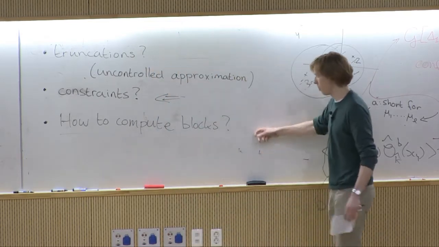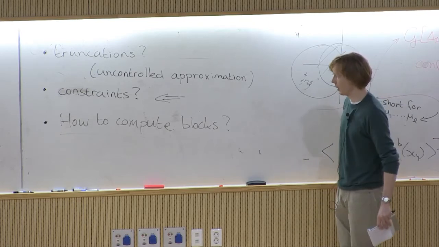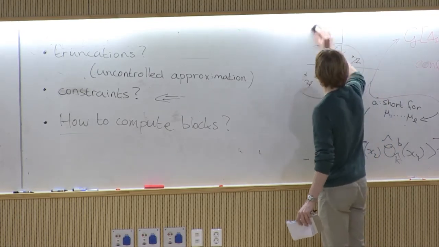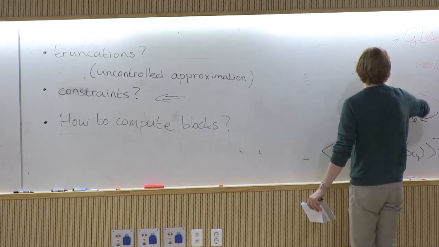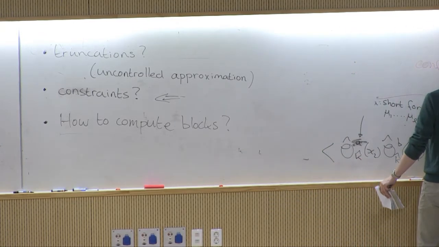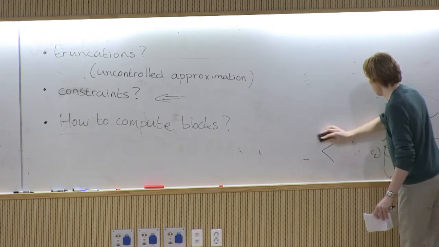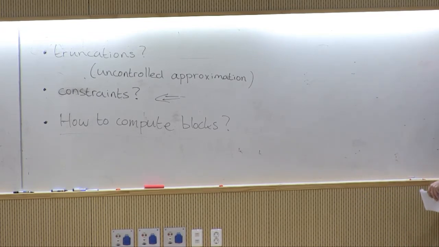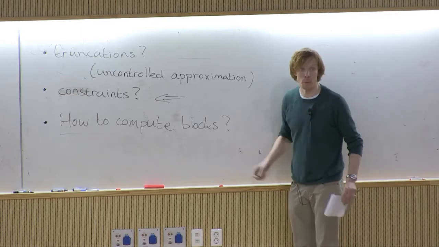But it's a very important question. And some pioneering work here was done by Dolan and Osborn in the 2000s. And since then, we have many sort of results, and we've made much progress in devising useful methods for computing conformal blocks.